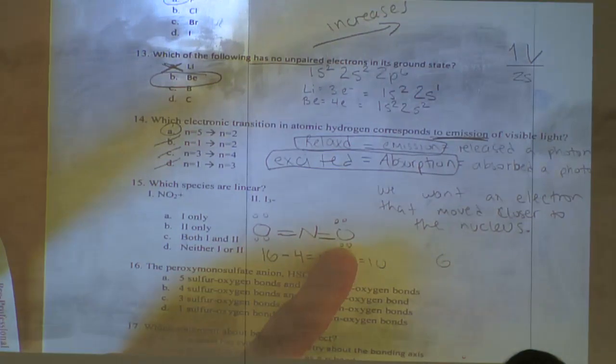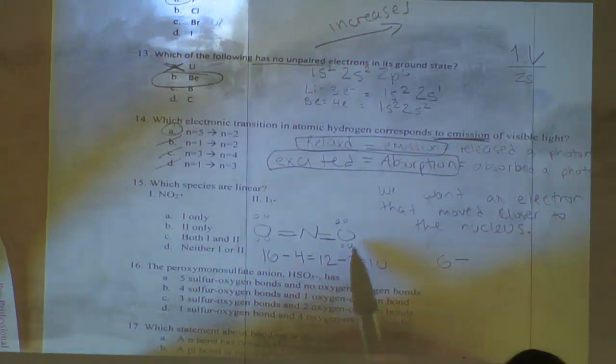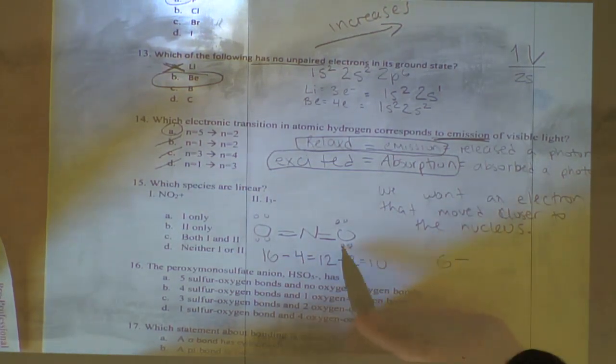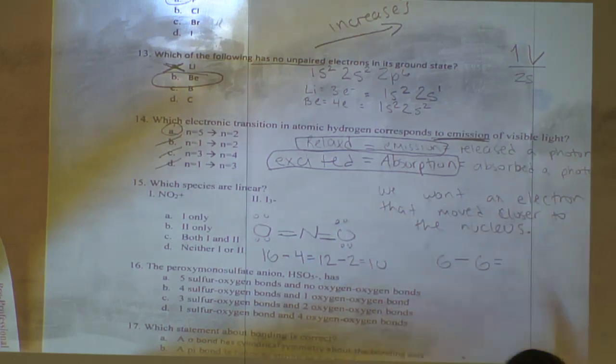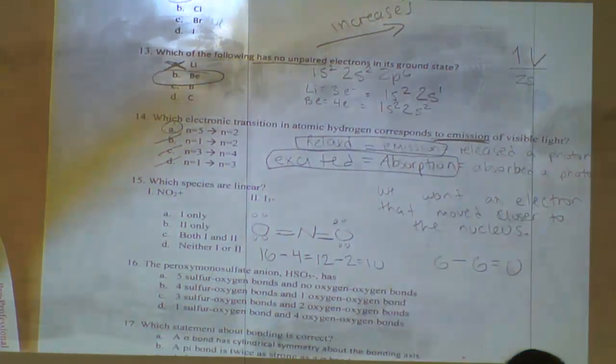And then all we have to do is 6 minus, let's go ahead and count every dot and every line connected to that particular oxygen. So we have 6 minus 1, 2, 3, 4, 5, and 6. So we get what? 0. So the formal charge for that oxygen is 0.